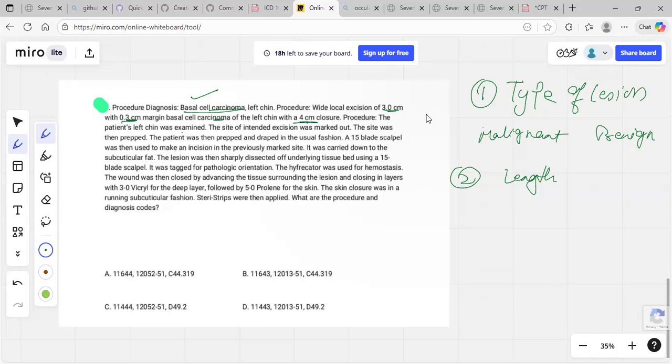The patient's left chin was examined, excision done, a blade scalpel was used, and the complete incision was carried out. That's it. So first we have identified it's a malignant lesion. Then our second step is to calculate the length. So the length is 3 plus 0.3 centimeter plus 0.3 centimeter, because we have to add to both sides.